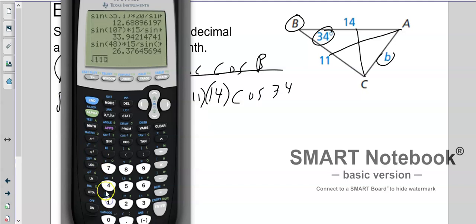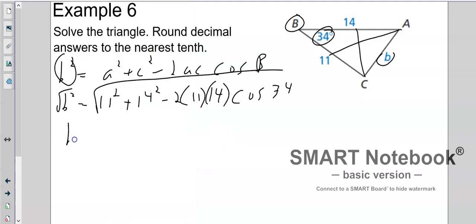So it's 11 squared plus 14 squared minus 2 times 11 times 14 times the cosine of 34. And round to the nearest tenth, the 5 is going to tell the 8 to round up. So side B is 7.9.